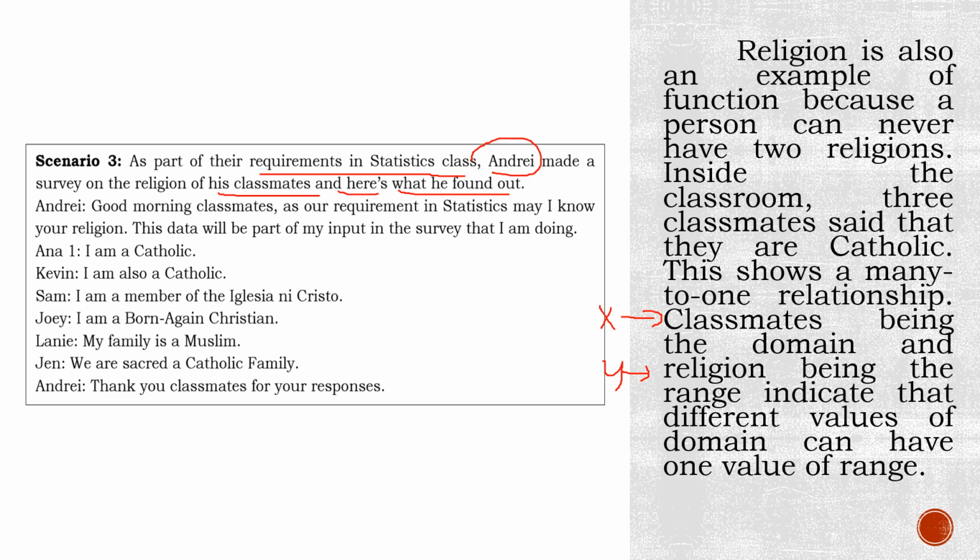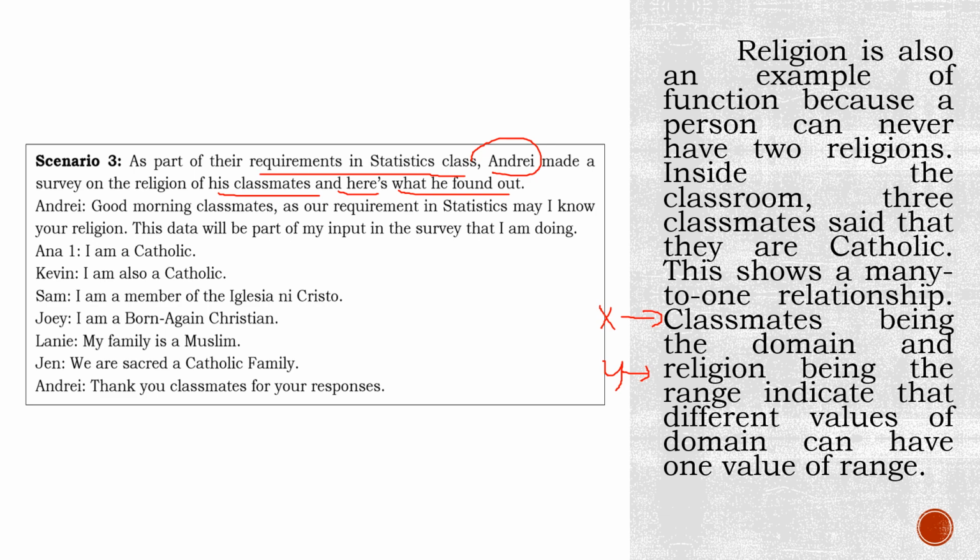Even if there are multiple religions mentioned in this scenario, what we're trying to assess is whether there is an existing repetition of student names in your domain. If not, it's fine.